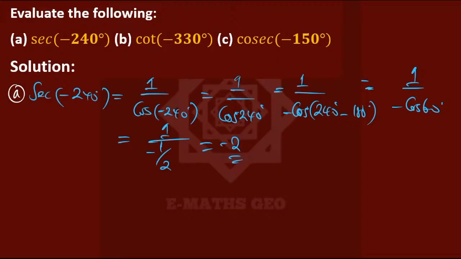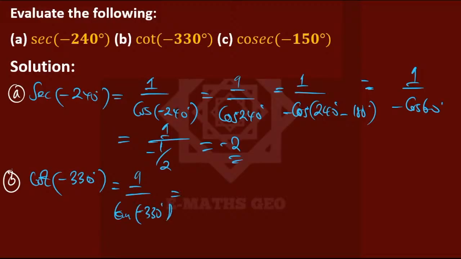Now the second question. We have cot of minus 330. So first, we know that cot is 1 over tan. So cot of negative 330 will be 1 over tan of negative 330. Now, from our negative identity, we'll bring out the negative sign. So negative tan 330. And 330 is in which quadrant? Fourth quadrant.